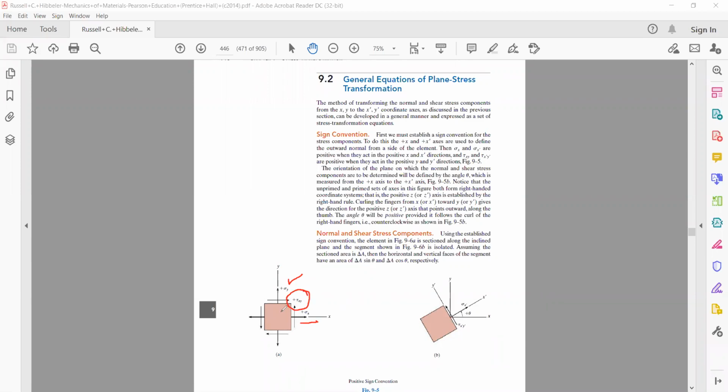Now the question is, as we have done in the Mohr circle construction, let's suppose that this element is rotated in an anti-clockwise direction by an angle theta.